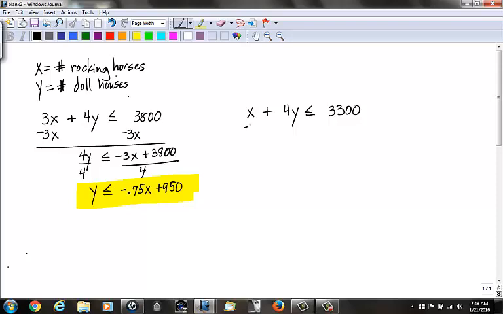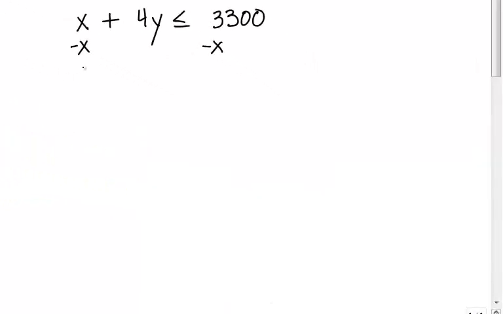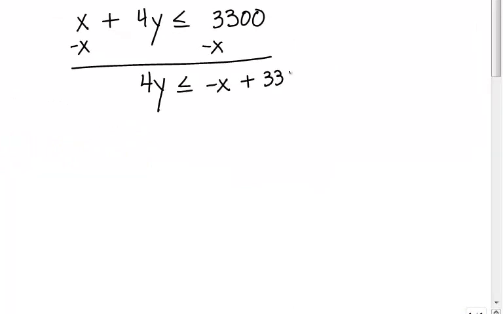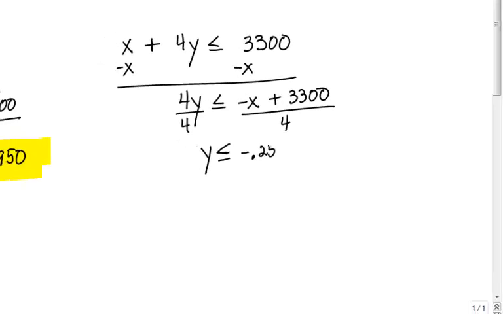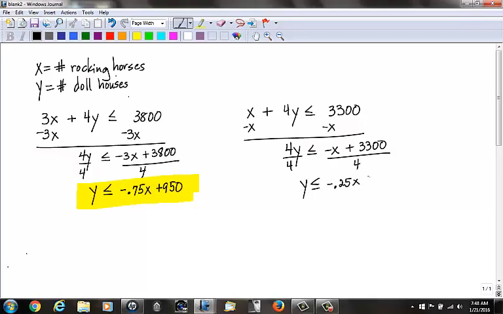Okay, solve this for y so that you can put it in the calculator. 4 divides into both of them, and that would be a negative 1/4 or a negative 0.25x. And then 3,300 divided by 4, I get 825. Okay, so put that in y sub 2.